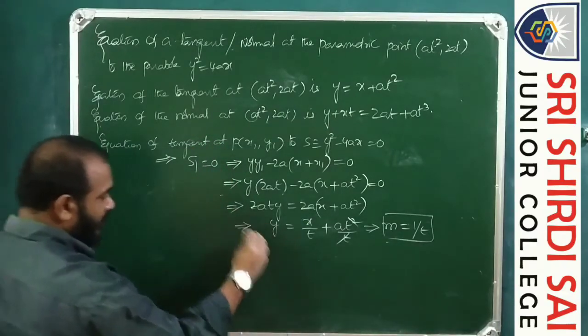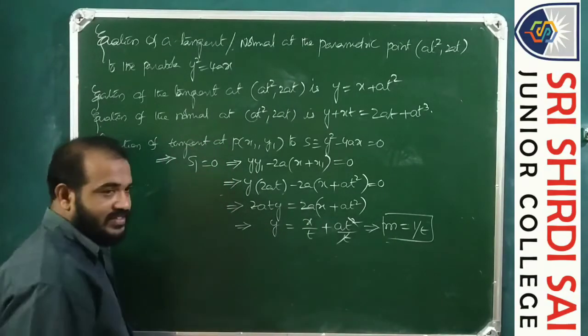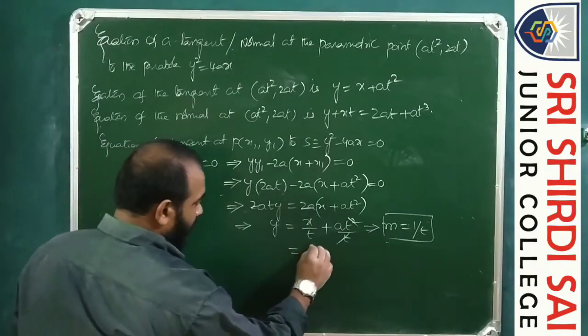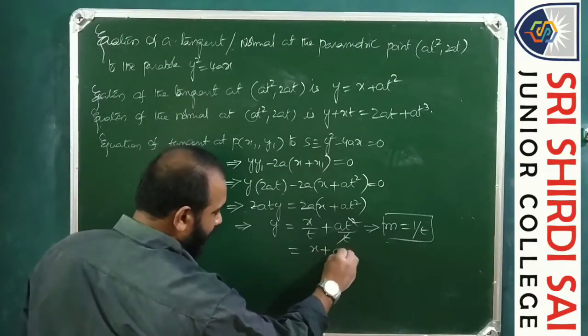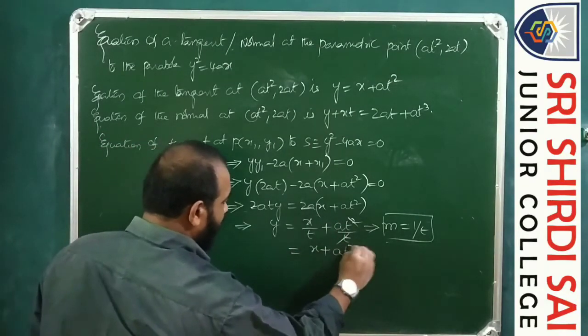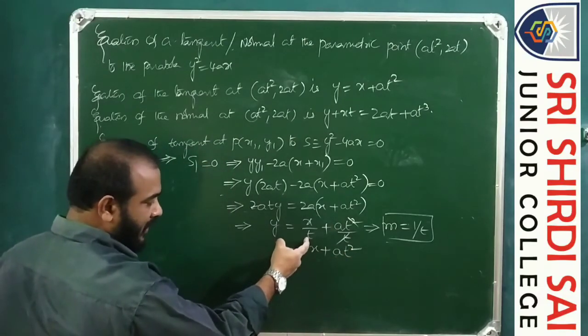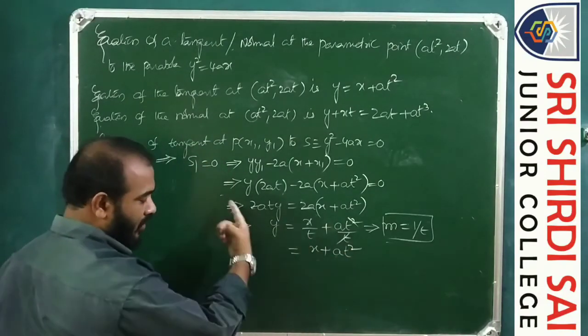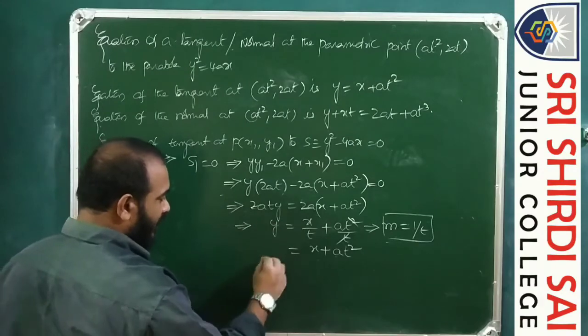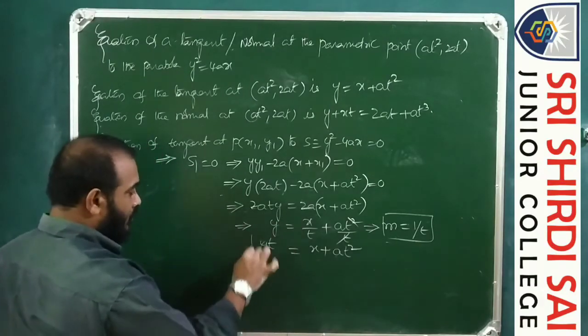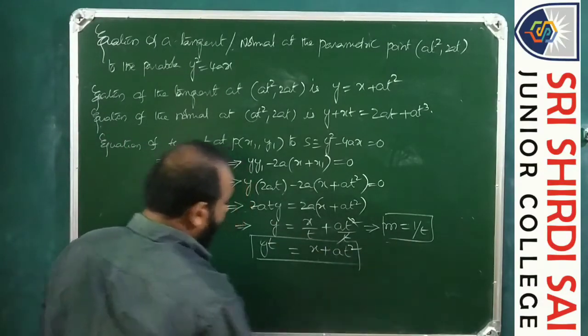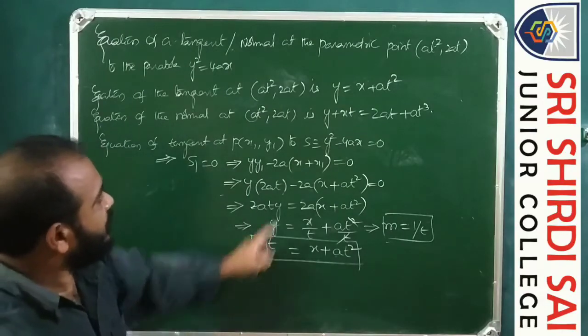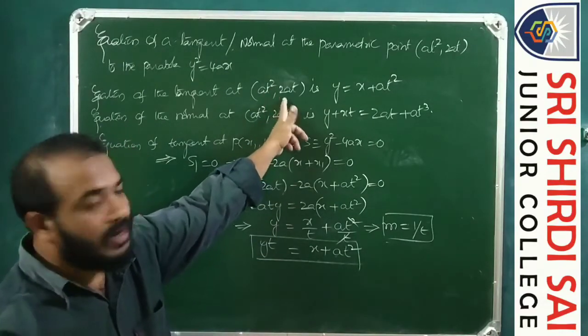So now from this, if you take the LCM, then t is transposed, cross multiplied with y. So yt equals x plus at². This is the equation of the tangent at this parametric point.